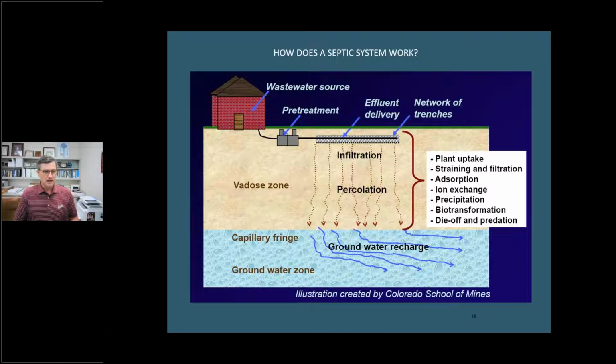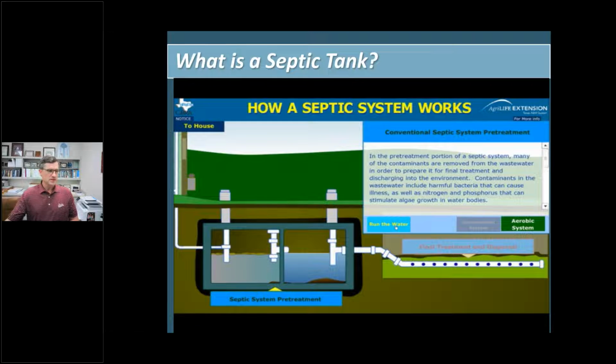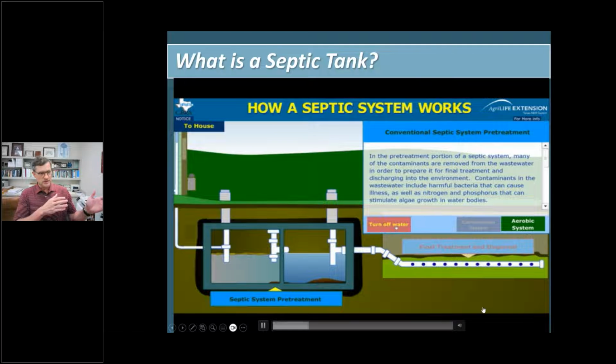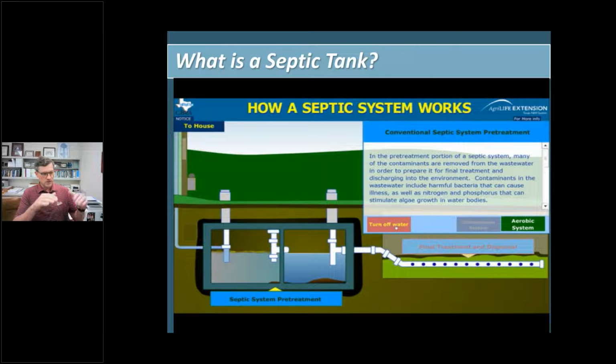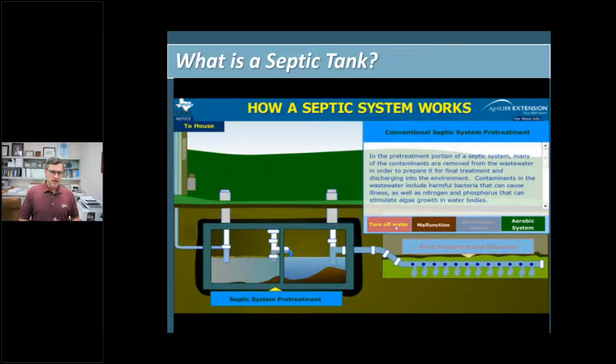All right, I kind of cherry picked this. You should be able to see some actual movement here, water coming in. We'll see water filling up, scum layer rolling into the second chamber, moving out into the field lines. I very much like to see visuals instead of just reading something.